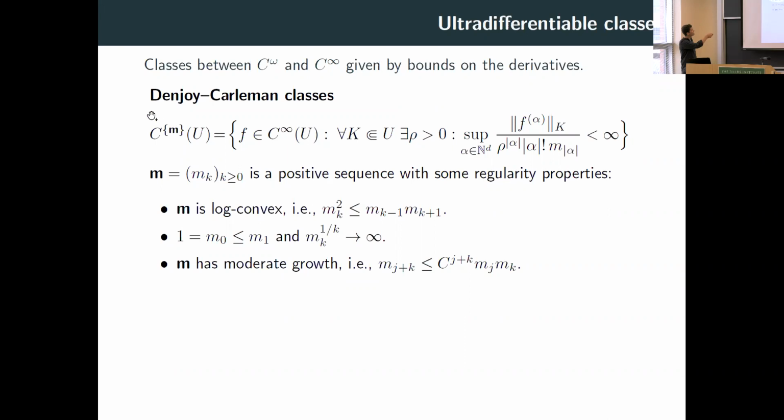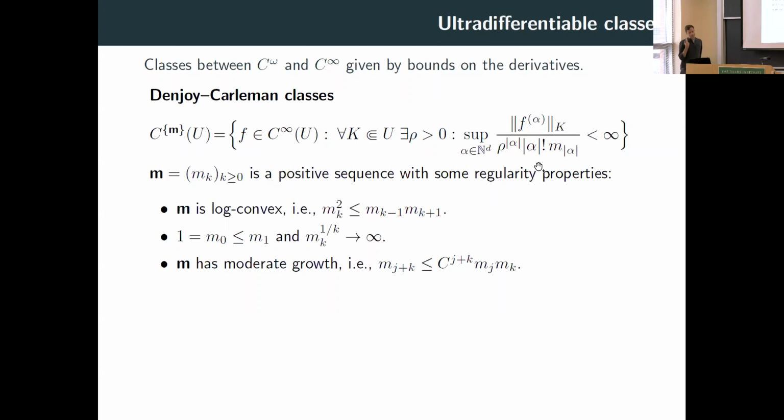So we consider the Denjoy-Carleman class C_M on an open subset U of R^d, and this is the set of all C infinity functions on this open set U, such that for every compact subset K, we find a positive number rho, such that the alpha partial derivative of f on this compact subset K is bounded in a uniform way by rho to the alpha times alpha factorial times M_alpha for all alpha uniformly.